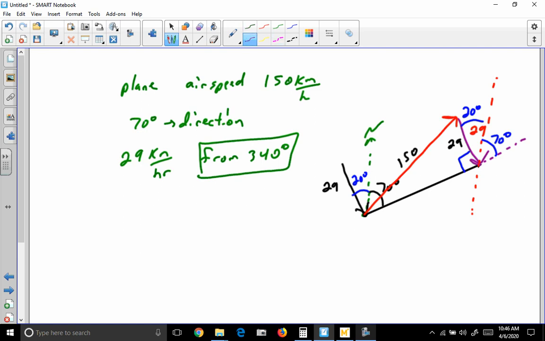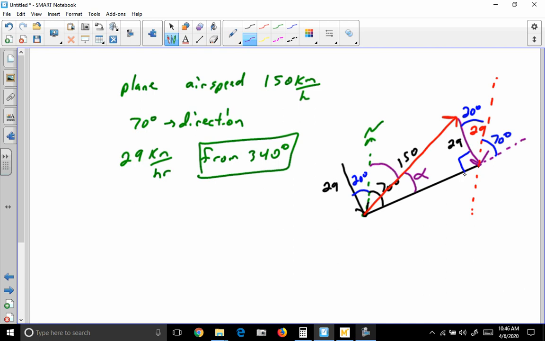What we're looking for is the direction that the airplane needs to be pointed, which is essentially that angle. That's his heading if we need to end up going this direction. But that angle is not one we can find directly, or wouldn't be the ideal one. So let's find this angle.